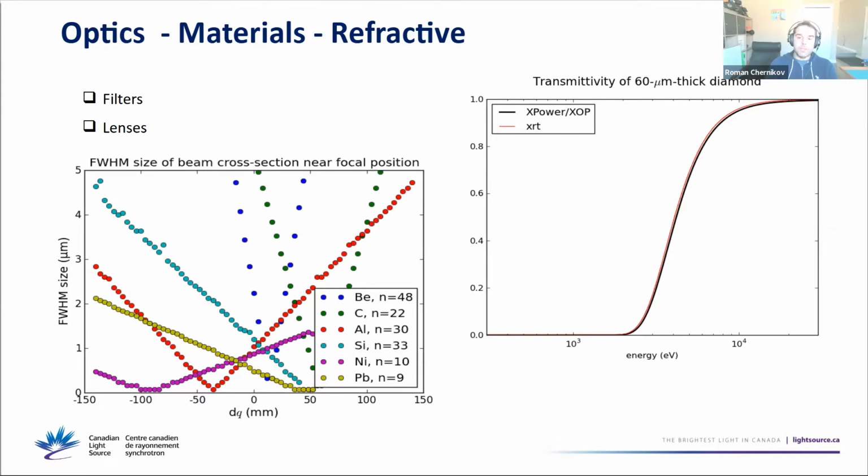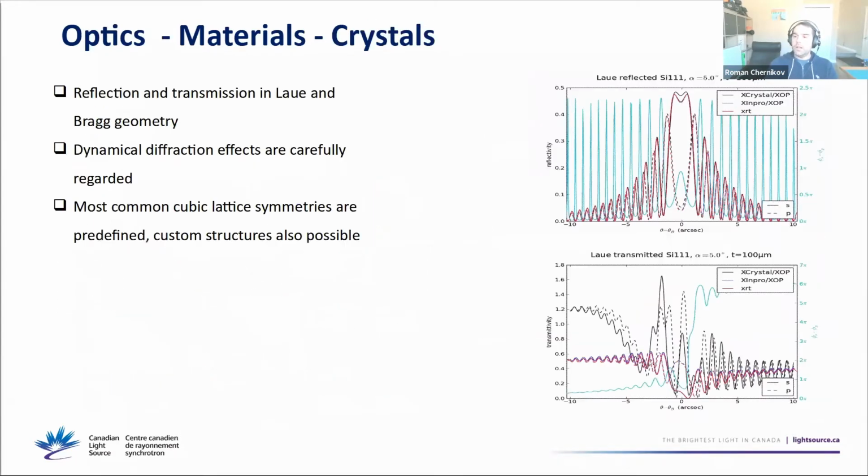So whatever is calculated for this specific point of intersection, for this specific ray with certain energy and direction, it's all really precise. We can also calculate energy-dispersive elements, crystals in Bragg and Laue geometry. All dynamic diffraction effects are regarded carefully.